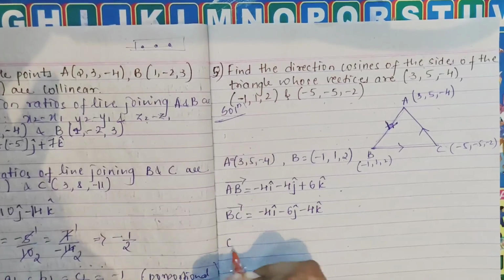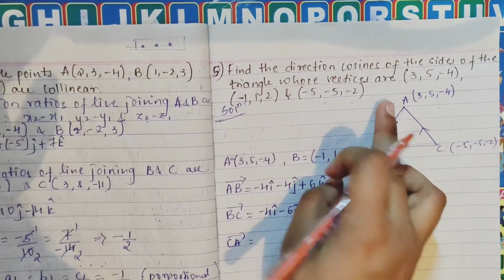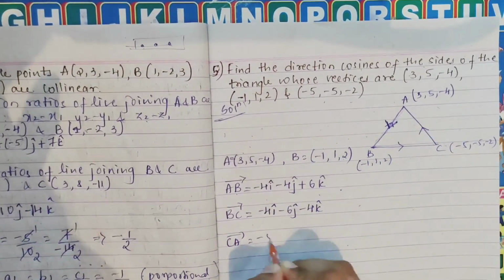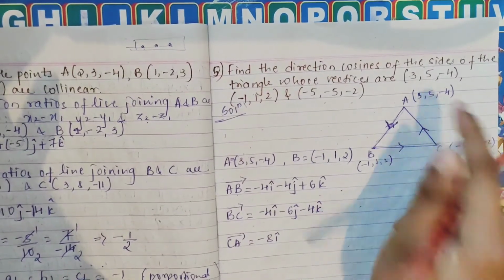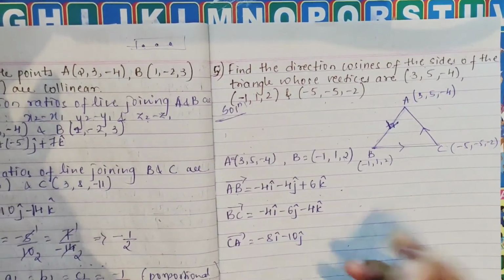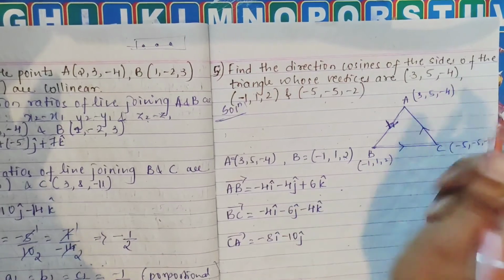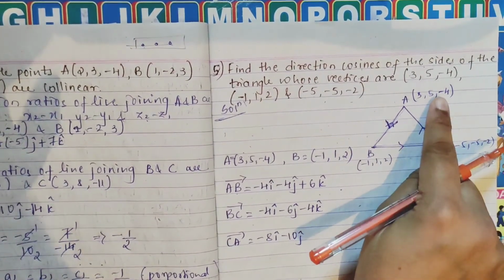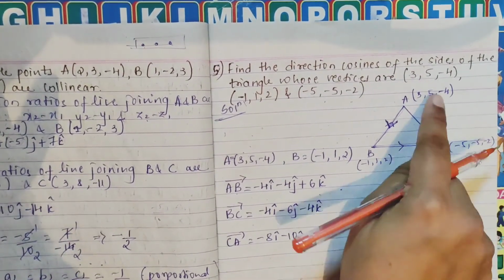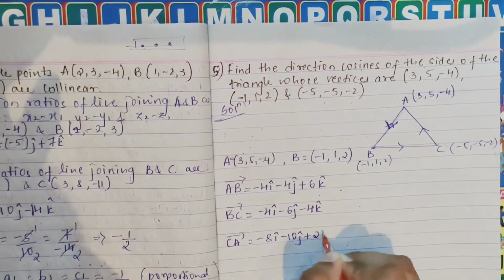Then comes the CA vector: minus 1 minus 3 is minus 8 i cap, minus 5 minus 5 is minus 10 j cap, minus 2 minus minus 4, minus into minus becomes plus, so 2 k cap.